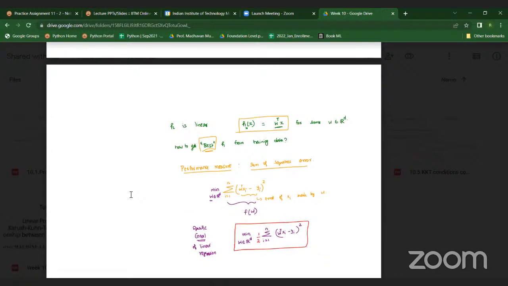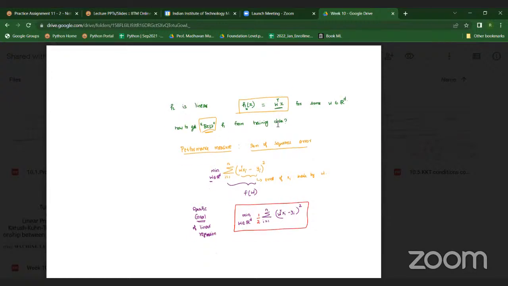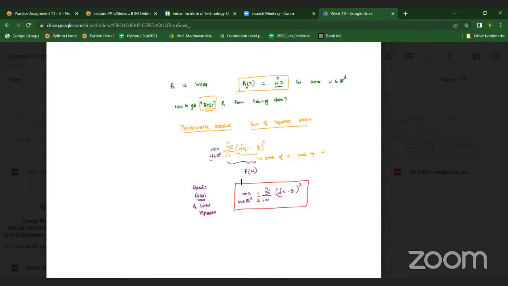For us to get the best model, the only thing which we could vary is this weight vector. And how do we get the best weight vector? Whichever gives you the least error. This w transpose x is what you are predicting, and yi is the actual value.